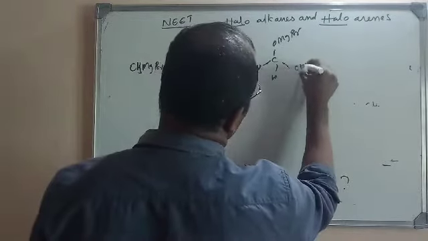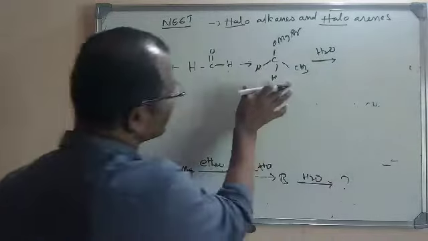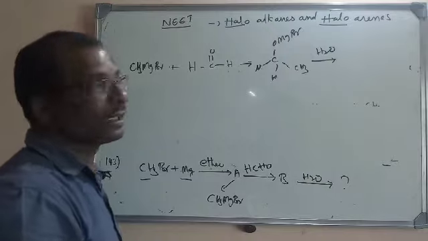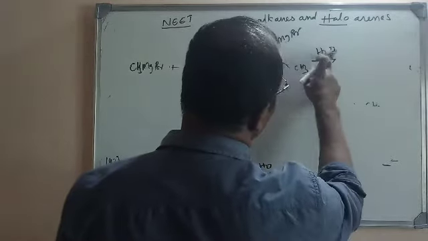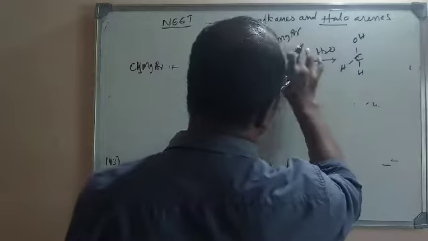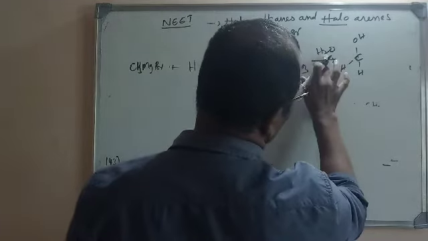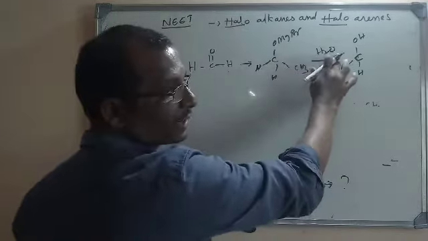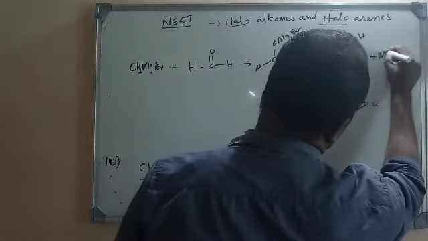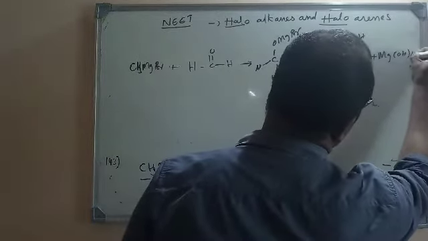But again here comes hydrolysis. This part of the reaction we have studied in aldehydes and ketones, the carbonyl compounds. On hydrolysis, what will happen here? One H will be added here, so that this is CH2 and here OH. H2O is nothing but H plus and OH minus. H plus will be added to this O to give rise to OH. The remaining part is magnesium hydroxybromide, and here a methyl group is there.